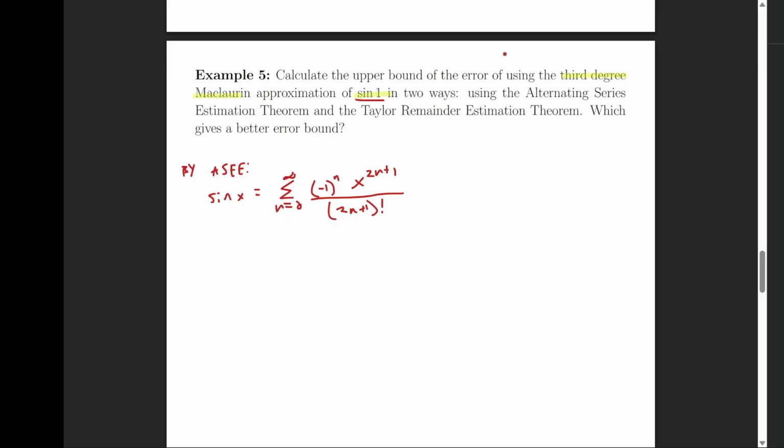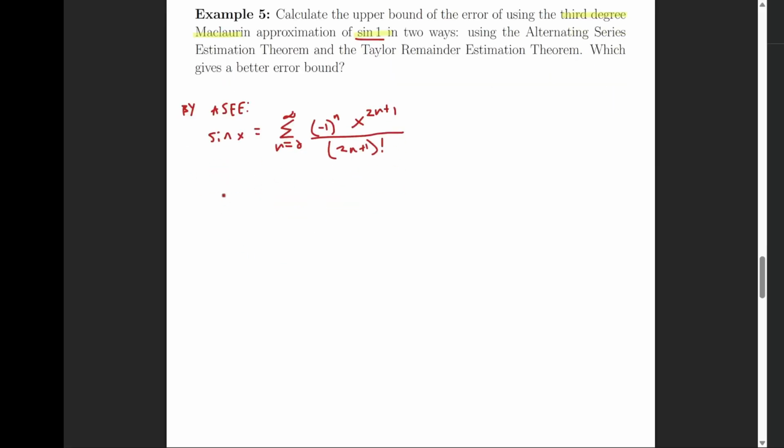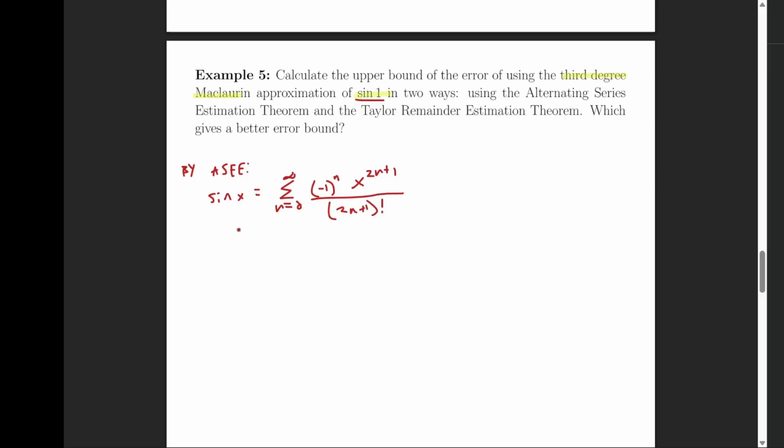Basically, what you do is, we do n equals. This is third degree. Third degree, what does that mean? No, I know what that means.